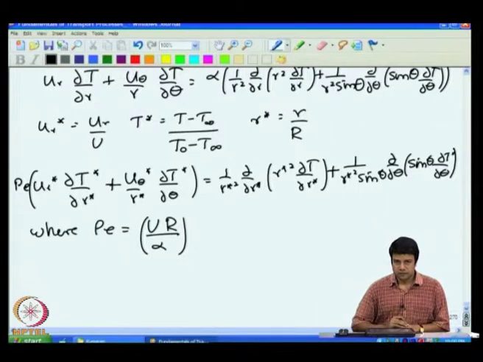Once again, if you take the limit of high Peclet number, if you were just to neglect the diffusion terms altogether, then the solution you would get is that the temperature is a constant along streamlines. That clearly does not satisfy the boundary condition at the surface of the particle, of the bubble. So, therefore, one has to postulate a boundary layer of small thickness at the surface in which there is a balance between convection and diffusion.